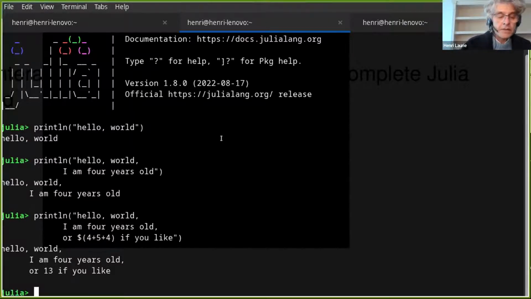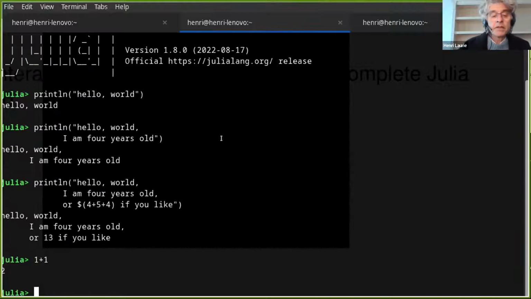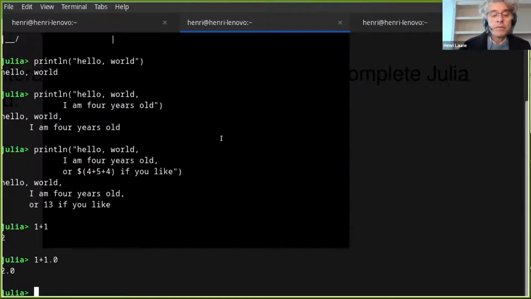It, of course, has the standard items like 1 + 1 comes out with 2. But if I take 1 + 1.0, then you have a type conversion to floating point numbers.